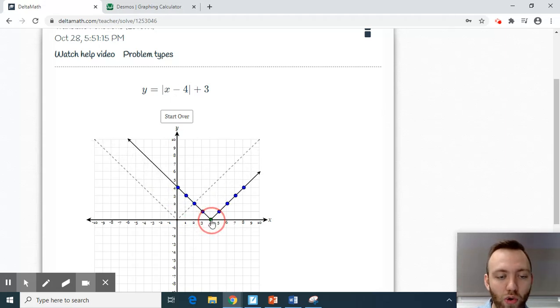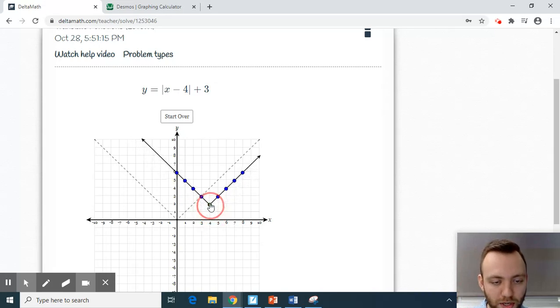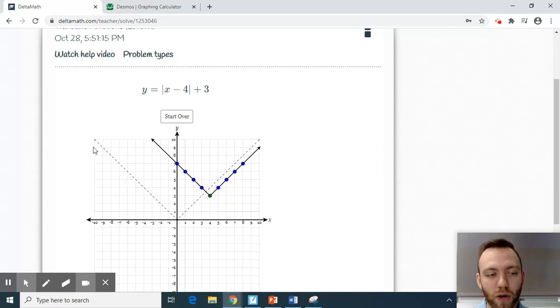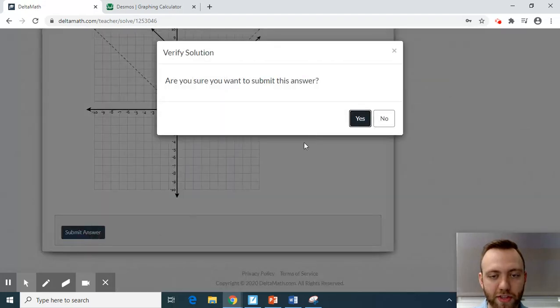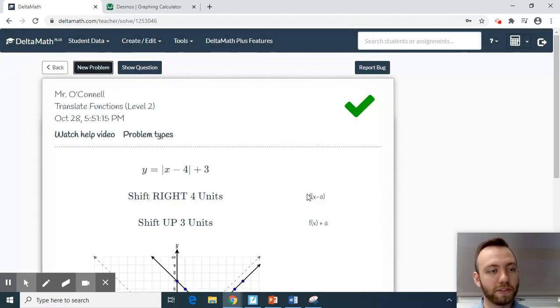So we're actually going to go over 4. But then on the outside, we have plus 3, where we're going up and down, and it's just normal, so we're going to go up 3. And so here we've done 2 moves in 1. Again, we can see the ghost of our parent function, and now we have our own. Let's check this one, and that one's good.